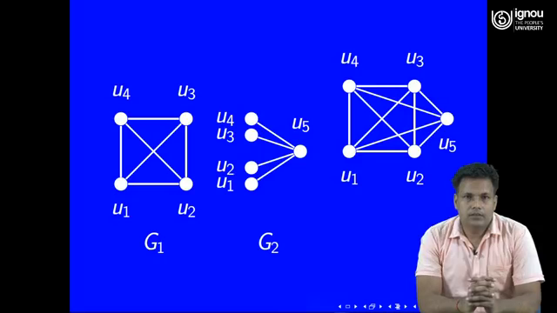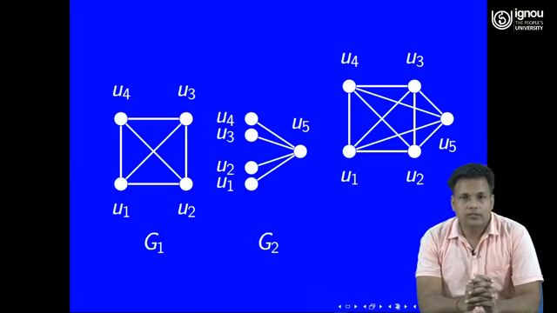Similarly, if you consider two graphs G1 and G2, here G1 is the same graph as we have taken previously, and G2 is a graph which consists of 5 vertices. u1, u2, u3, u4 are the same as the vertices in G1, and u5 is a new vertex.